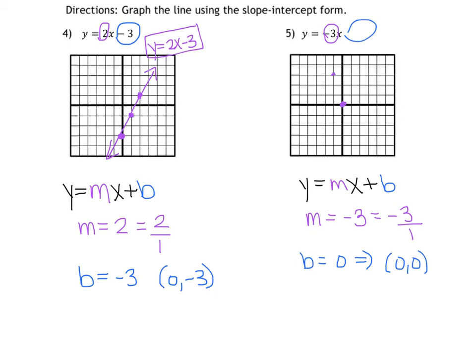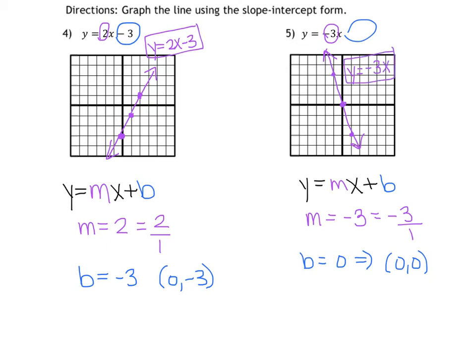Remember, you want to create an N, you want to go downhill. Now, if you went down 3, 1, 2, 3, you would go to the right 1. All right, and our next step, you only need 2 points or 3 points. You want to draw your line and label your line y equals -3x.